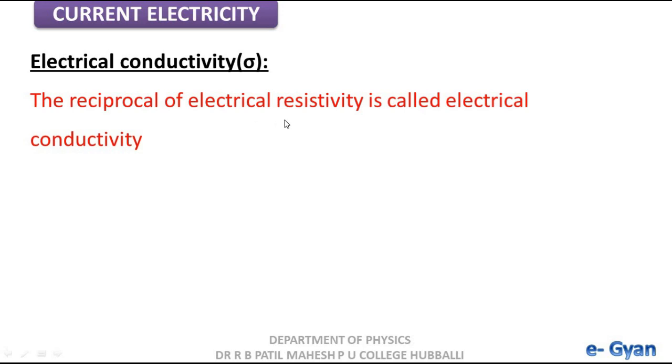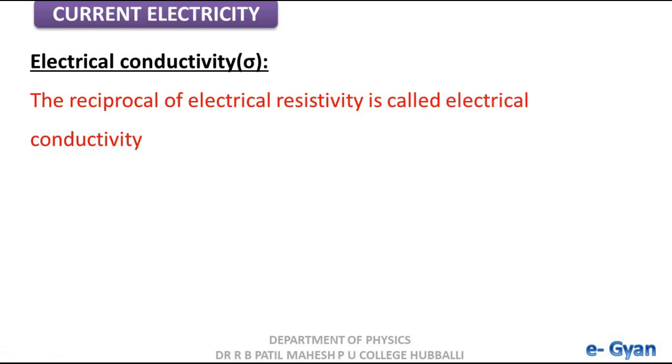Okay, next, let us see what is electrical conductivity. It is symbolically represented by sigma. The reciprocal of electrical resistivity is called electrical conductivity. Let me tell the significance of this.